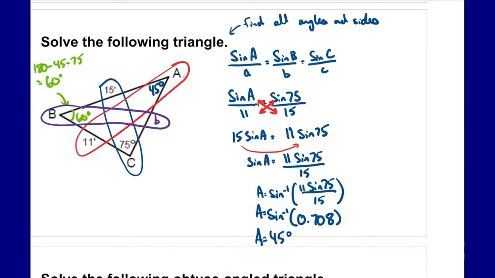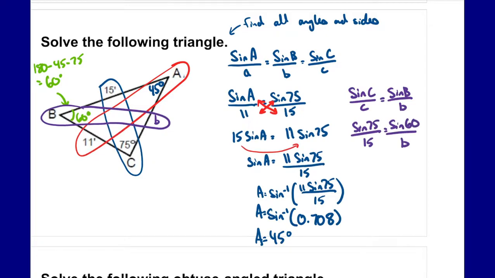So we're going to shorten it a little bit because we're only going to write down the 2 sides we're dealing with. So sine C over little c, and sine B over little b. Sine C is sine 75 divided by 15 is equal to sine 60 over little b.